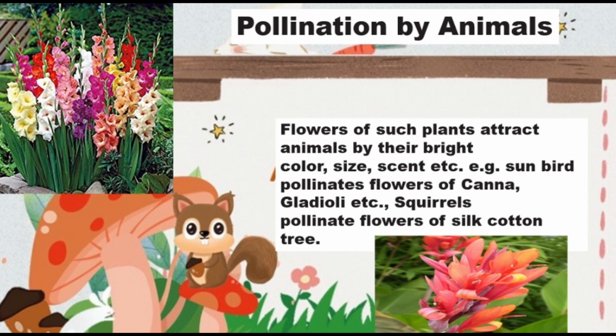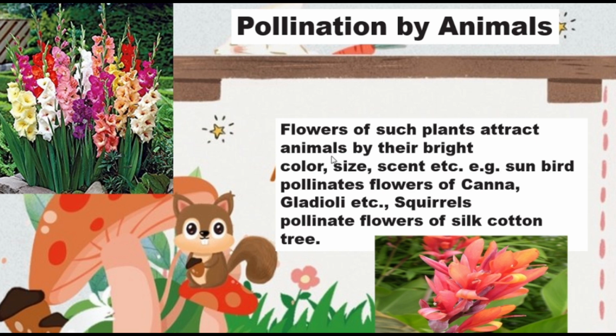Sunbirds pollinate the flowers of the canna and gladiolus. Squirrels pollinate silk cotton trees. This we call the gladiolus plant, and this we call the canna plant.